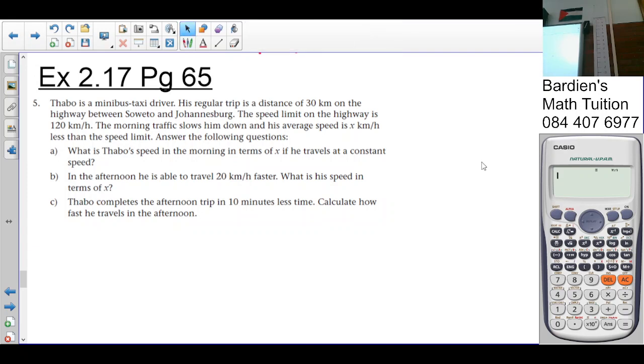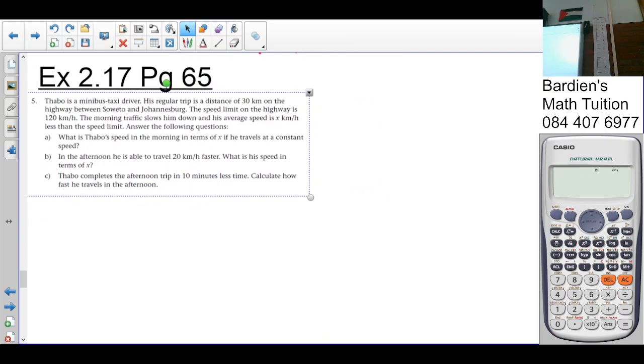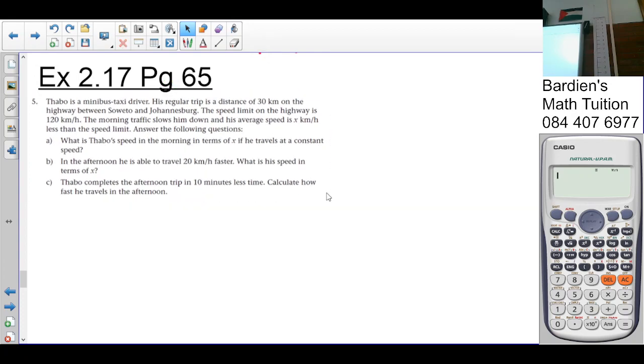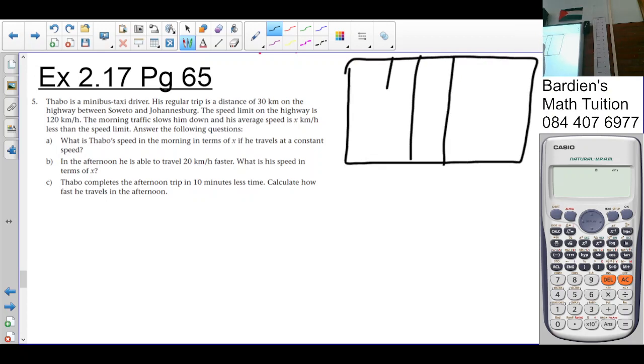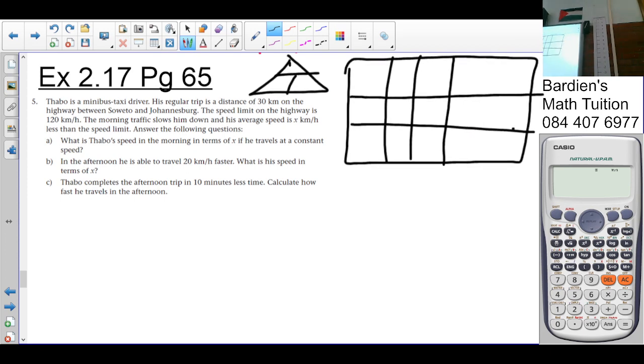So we draw DST. Tabo is a minibus taxi driver.